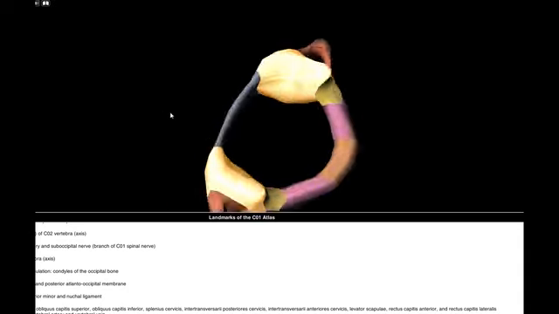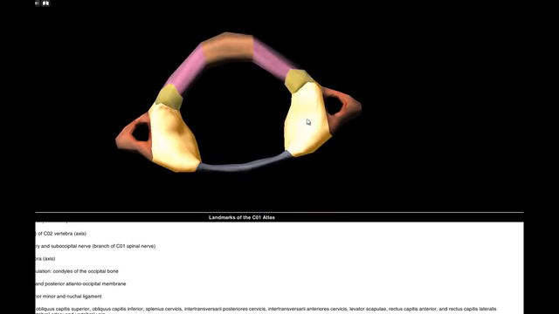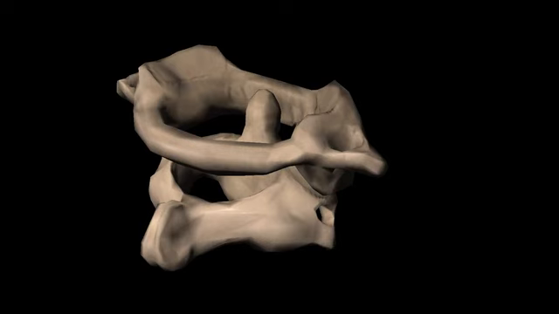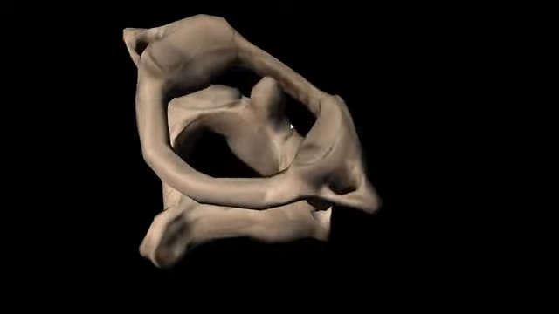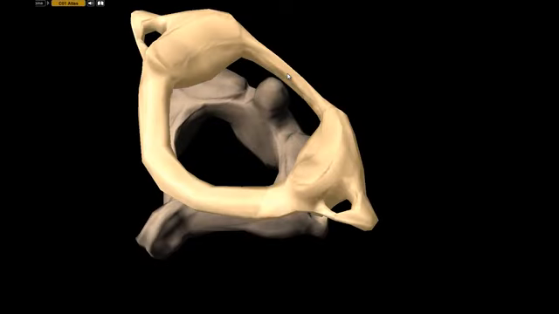Okay, so where does the axis fit in relation to the atlas? And we can pull that up and we can see that the dens of the axis is really what comes up and articulates with the anterior arch of the atlas.